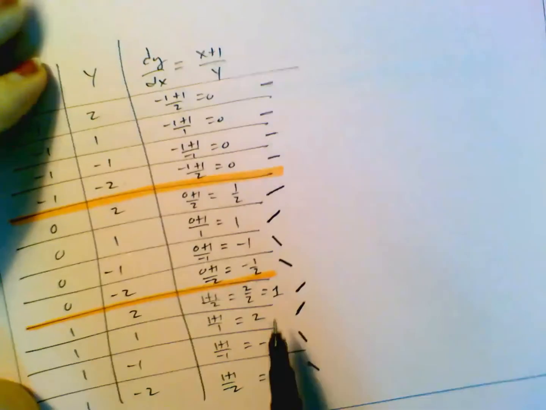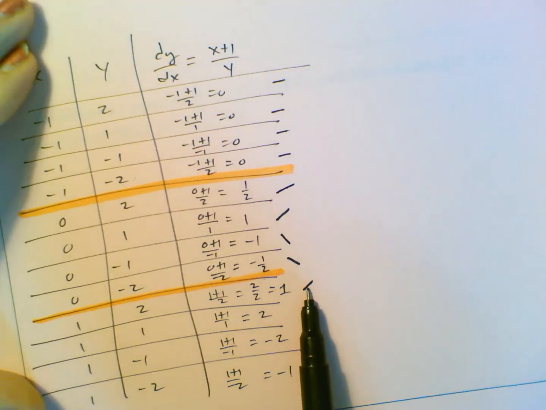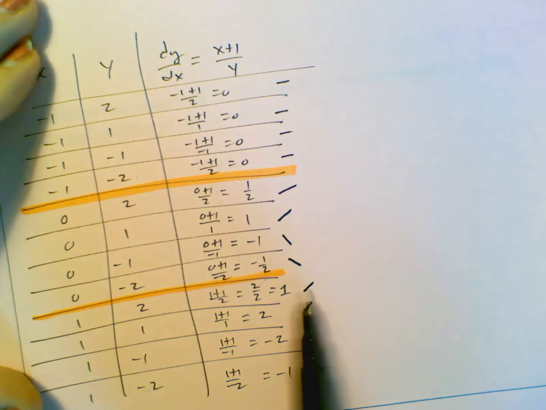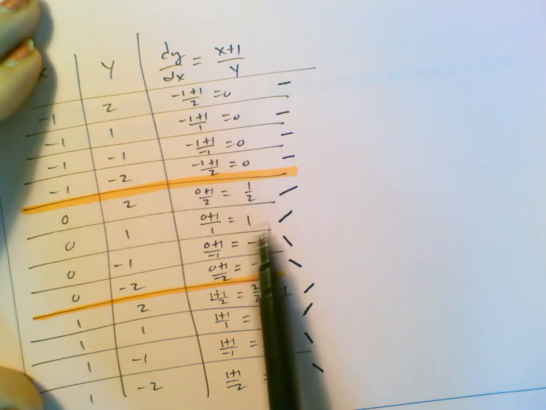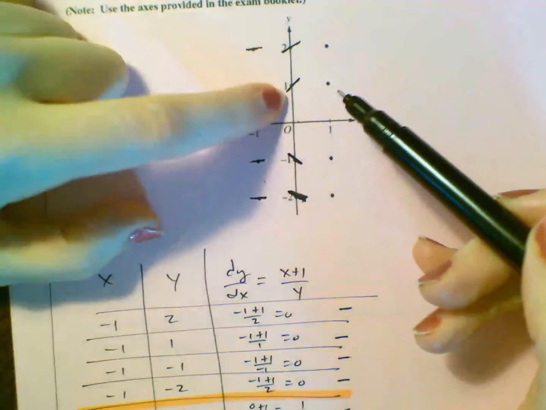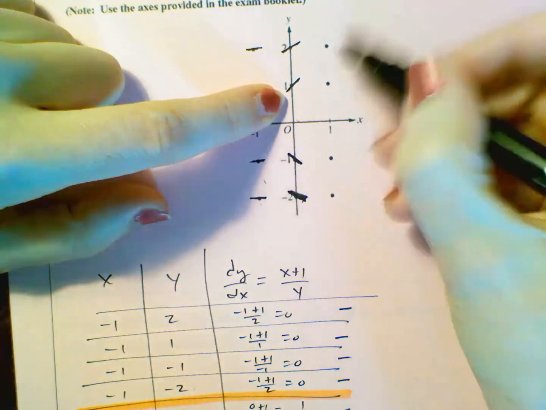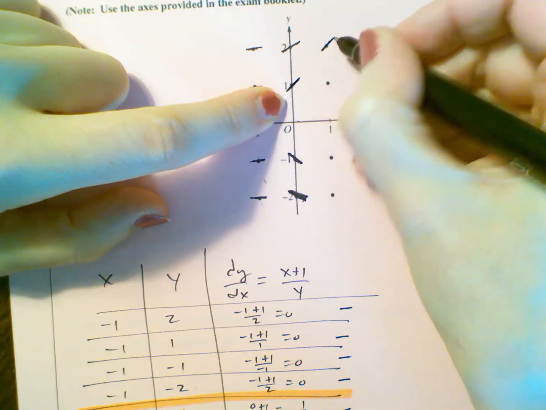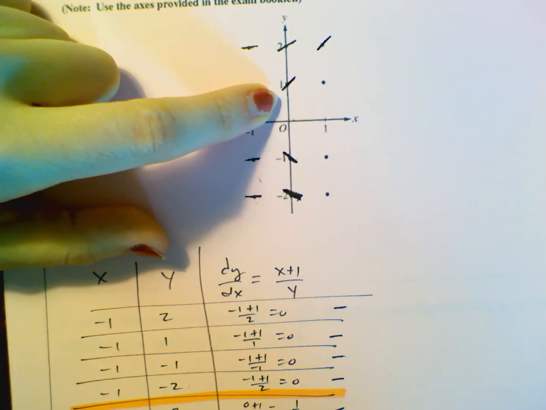Oh, and by the way, if you already had a slope of 1 somewhere already graphed, then just try to mimic it when you do another slope of 1. So at this point 0, 1, I already had a slope of 1 there. So if I want this to be a slope of 1, I just try to mimic that angle.